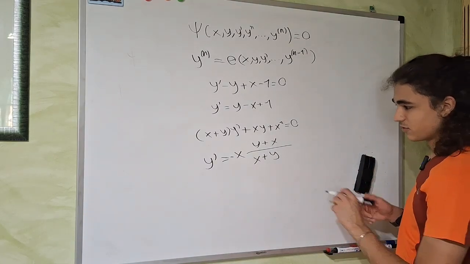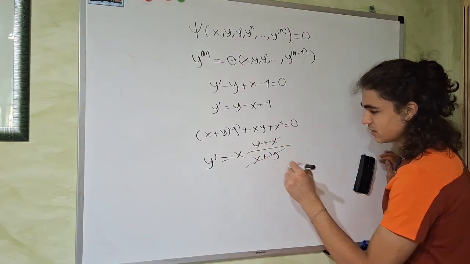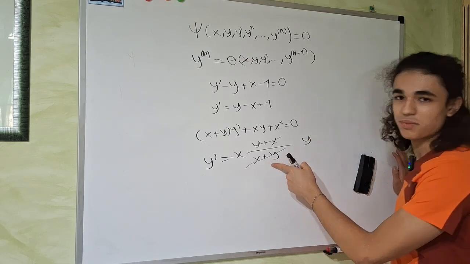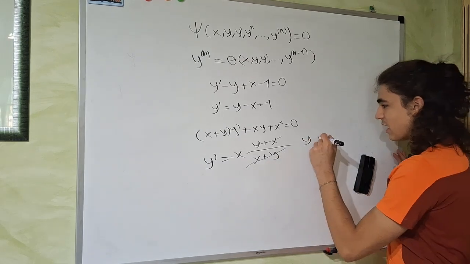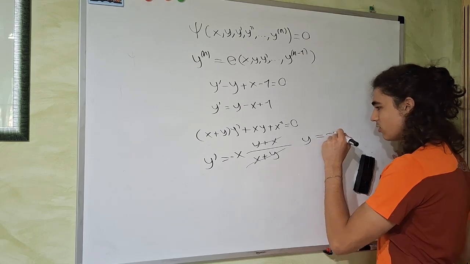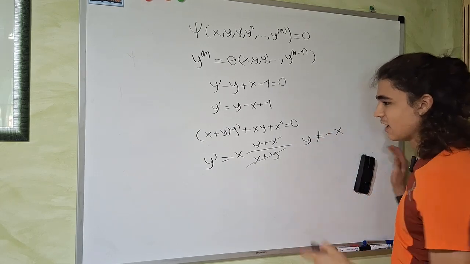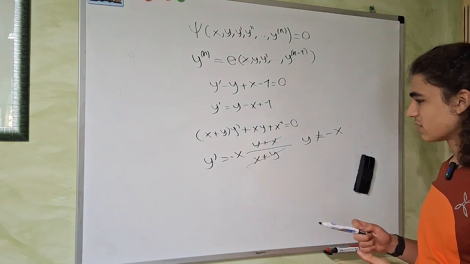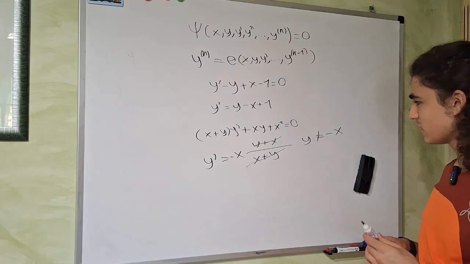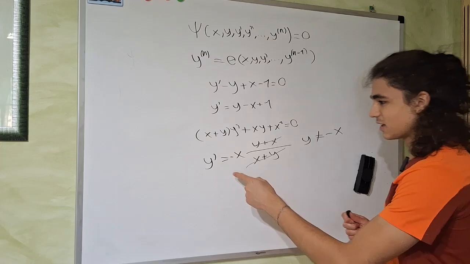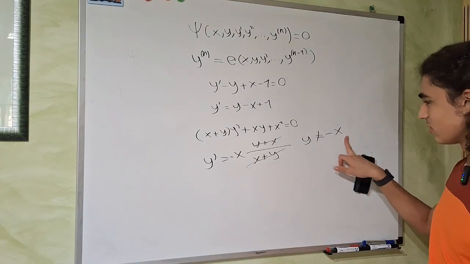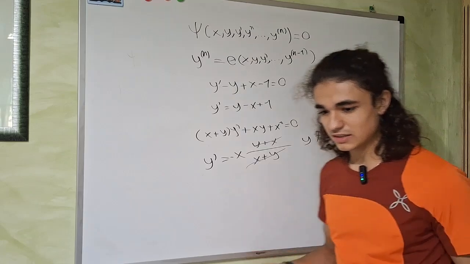Now, of course, we could simplify this, but we have to say that x plus y cannot be equal to 0. So y cannot be equal to minus x if we get to the normal form of the equation. But we get a kind of contradiction, because here it says y prime equals minus x, and here it says y is not equal to minus x.